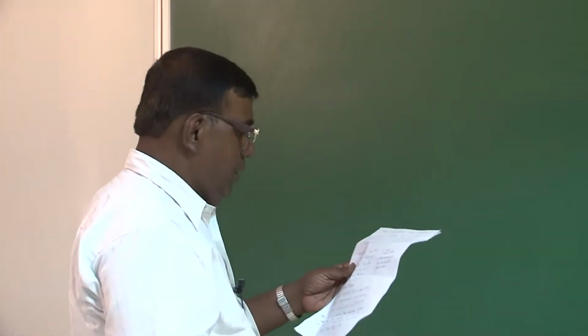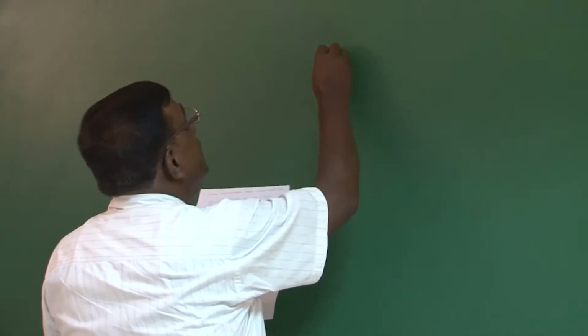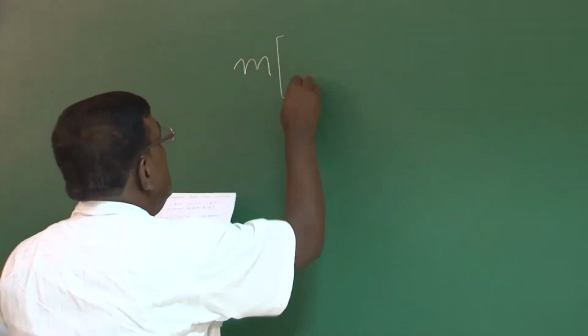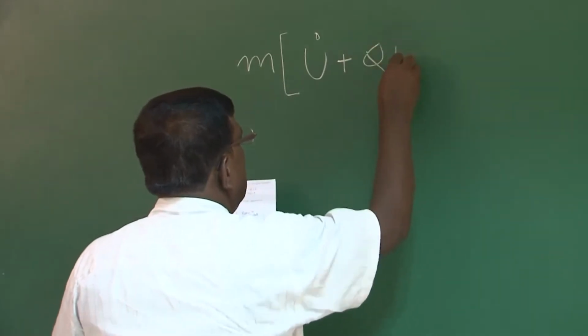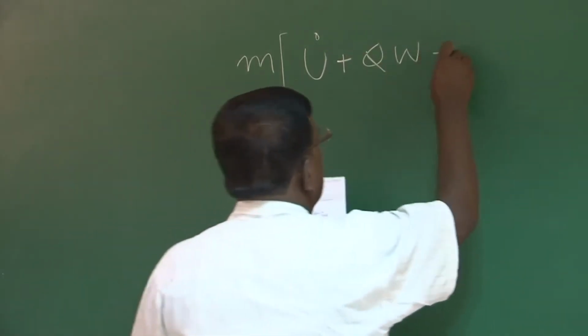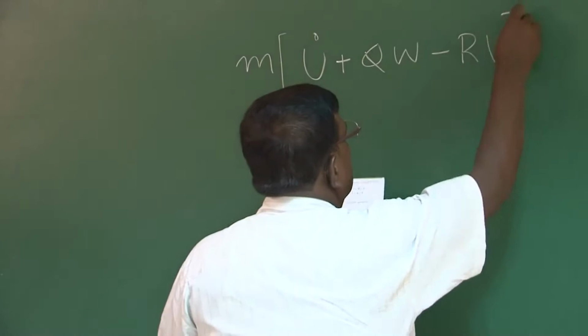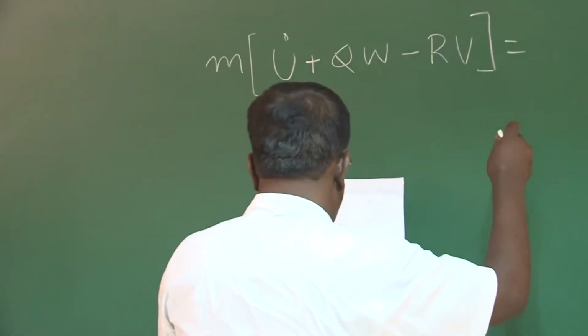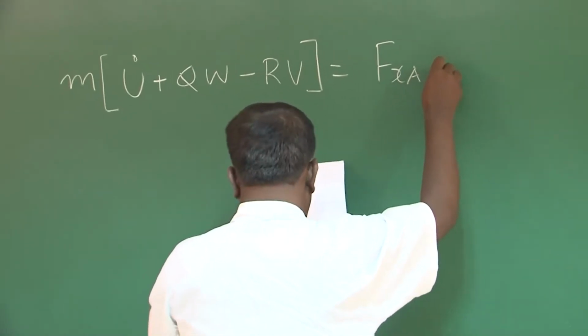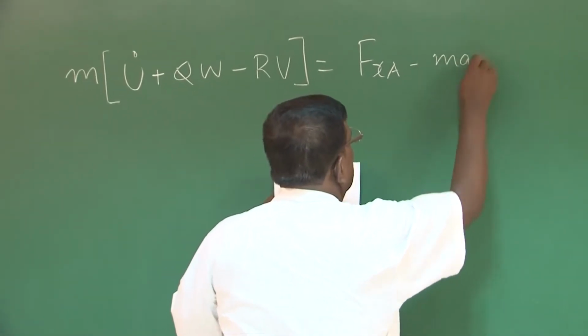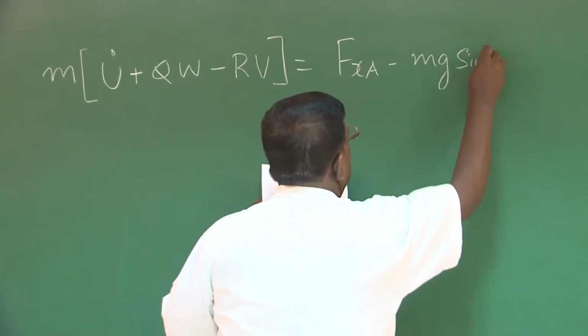And if I recall, we had equations of motion of this form: m u dot plus q w minus r v equal to F x a minus m g sin theta.